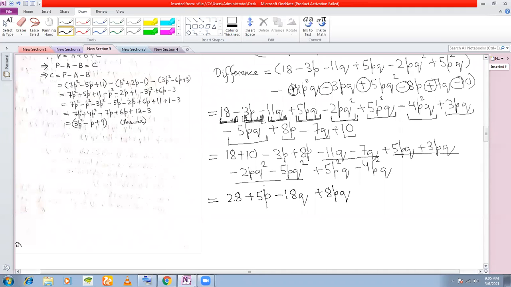Now if you add these two, minus 2 minus 5 will give you a minus 7pq square. And if you add these two, 5 minus 4 is 1, so you simply write plus p square q. And that is what is required. This is the required subtraction. Clear? This is your answer.